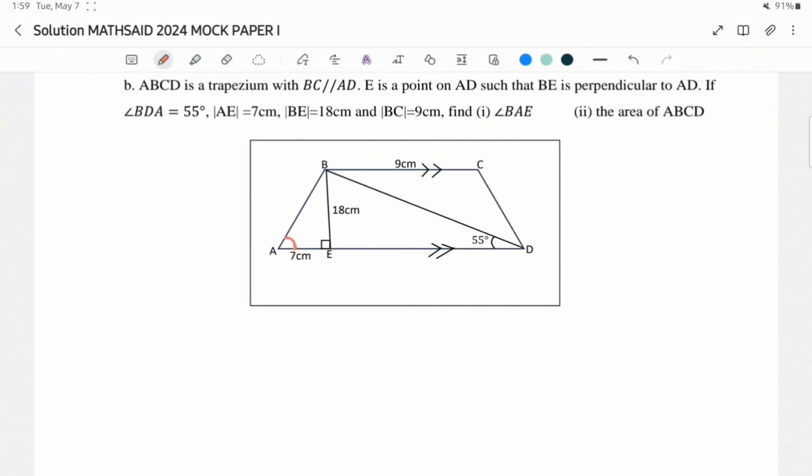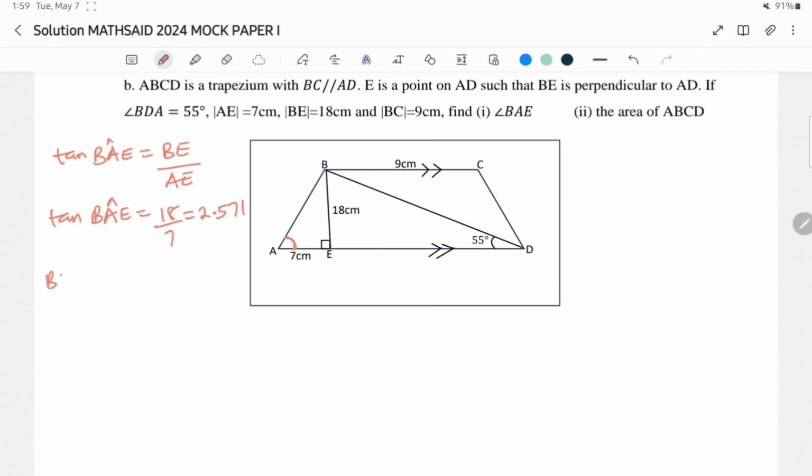Now, tan BAE will be equal to side BE, which is the opposite, divided by side AE, right? That would mean tan BAE is 18 divided by 7, and that will give us 2.571 if we want to leave our answer to 4 significant figures.